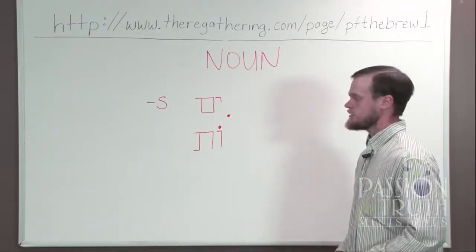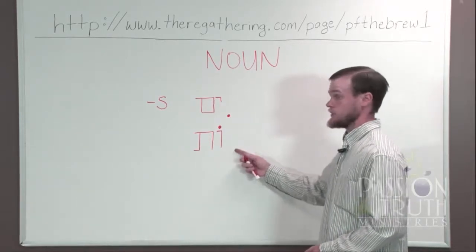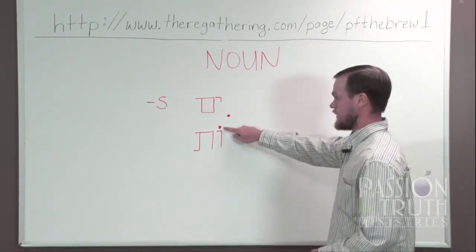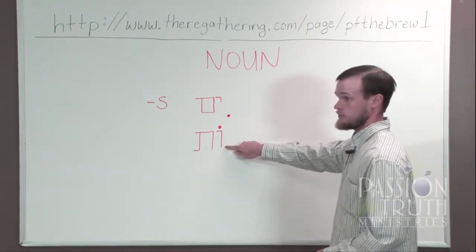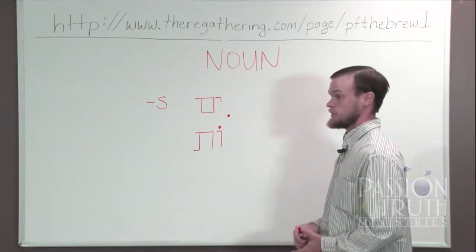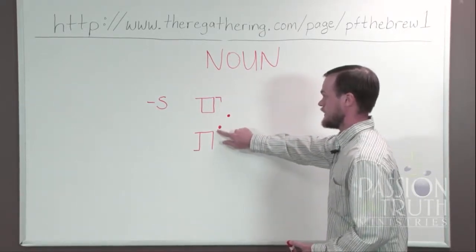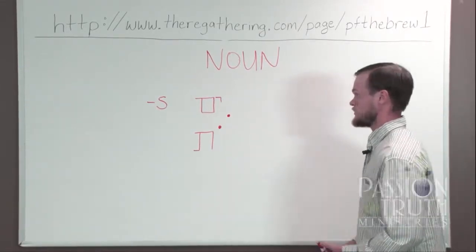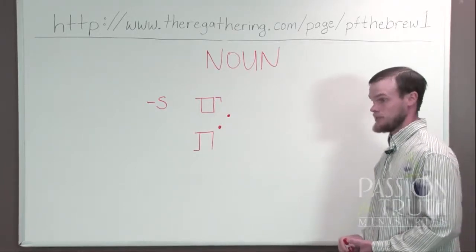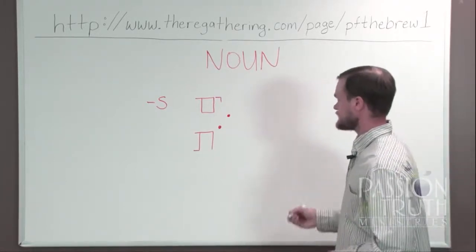In this class, I'm always going to write a full cholam, which means a cholam vowel including the vav. However, you will see this suffix with just a cholam vowel and no vav. It's still pronounced exactly the same, still pronounced ot, still means the same thing.